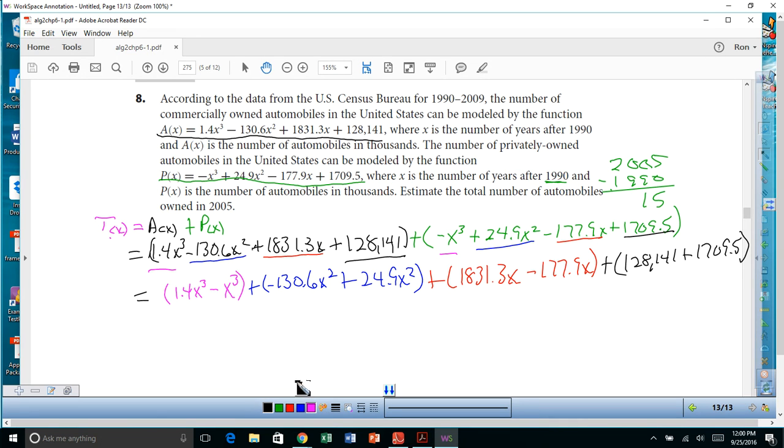Remember, this is going to equal t of x, the total. So the total in a particular year, t of x, would equal 1.4 minus 1 is 0.4 x to the third plus, and then negative 130.6 plus 24.9.